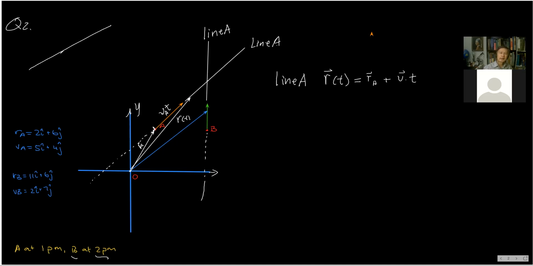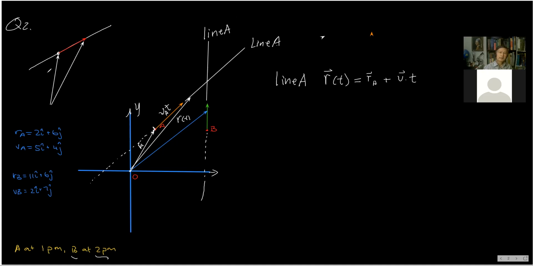Any straight line, you can build the vector equation by using two vectors. One vector is from the origin to here. Another is a vector from here to here. Then you can write the position vector at any time, both from the origin. That will give you the vector sum.